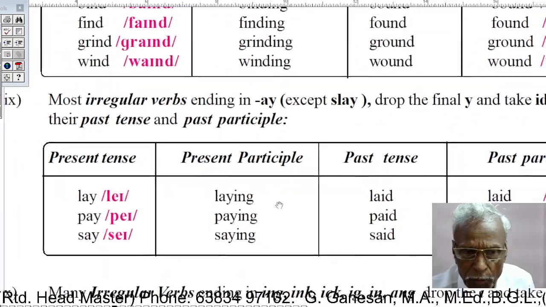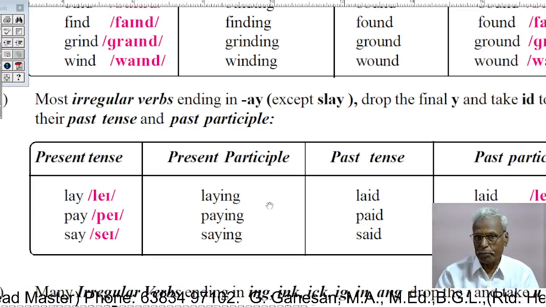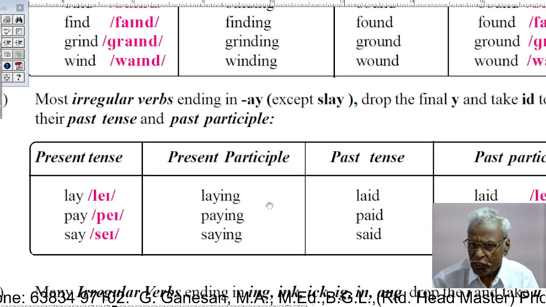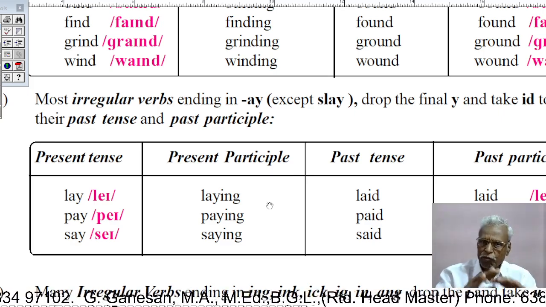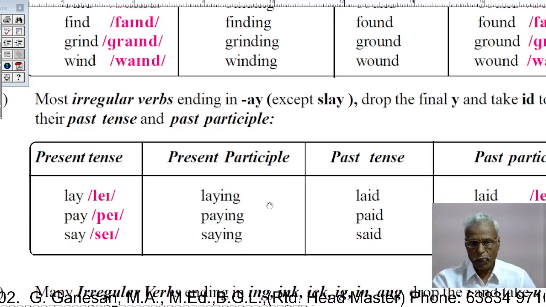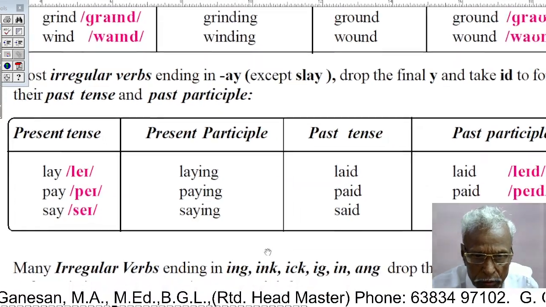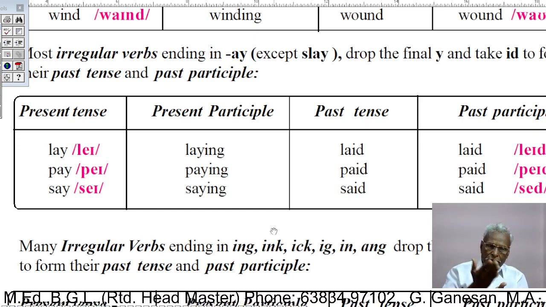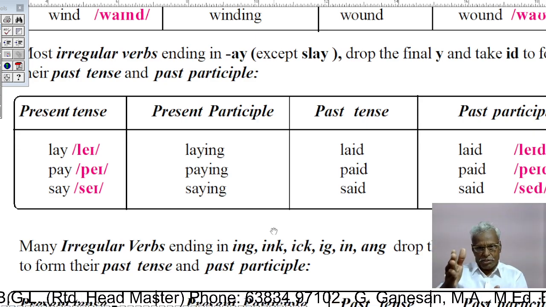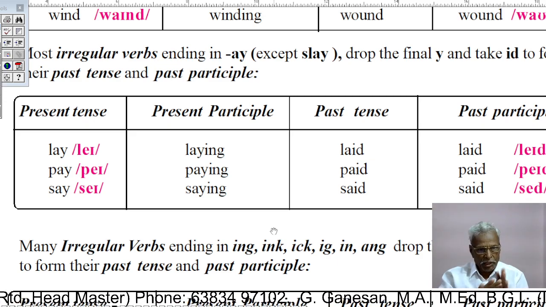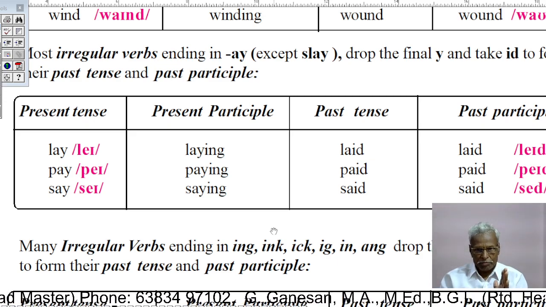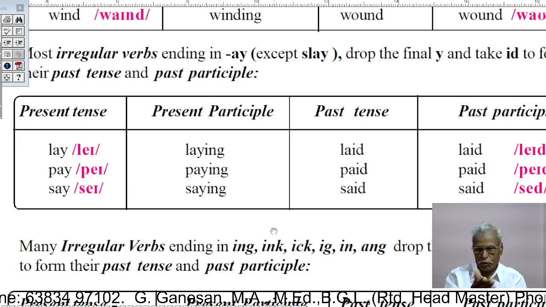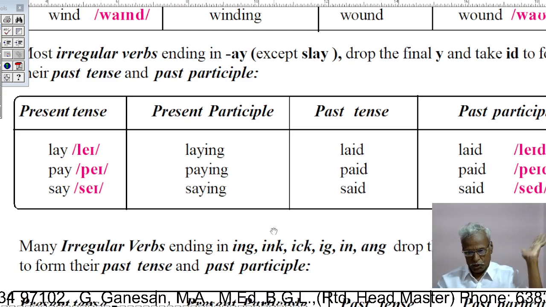Another way of forming, that is the second type of irregular verbs forming their past tense and past participle. The second type means having the same form for past tense and past participle. Irregular verbs ending with AY, except slide, which you have already seen: drop the Y and add D to form the past and past participle.